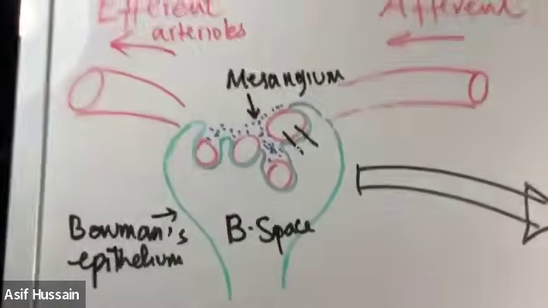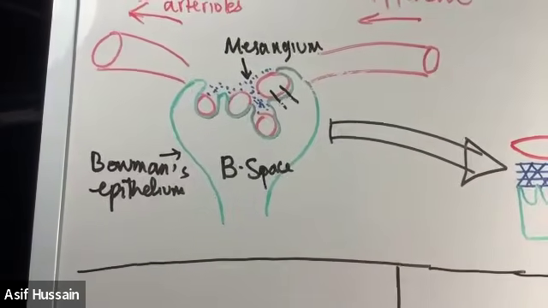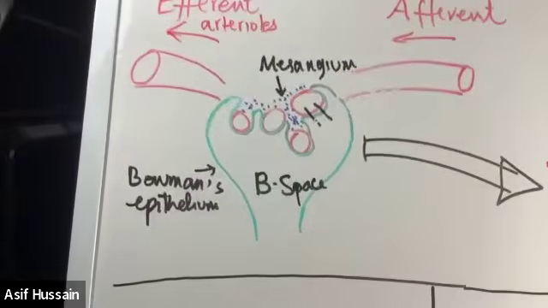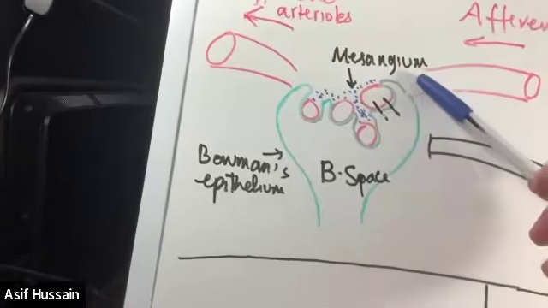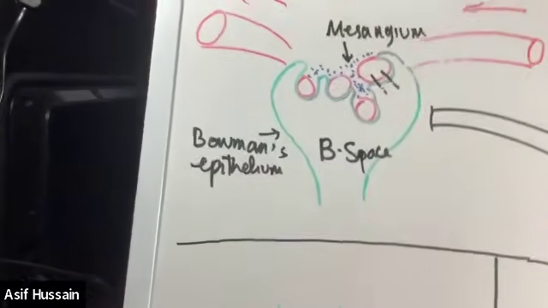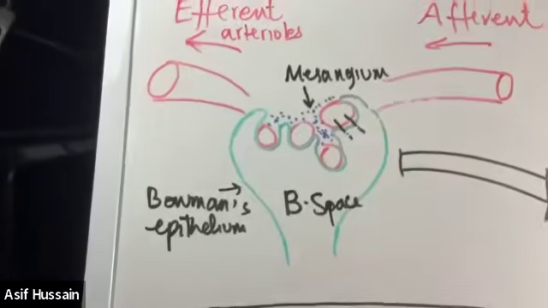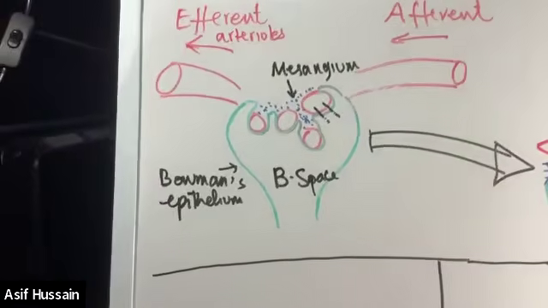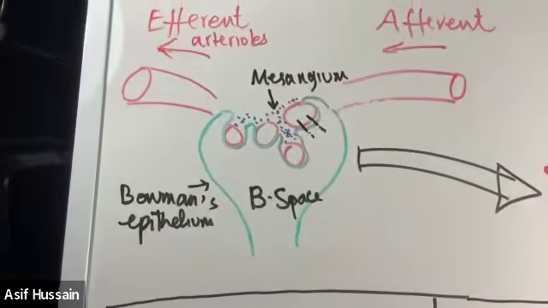If the blood pressure goes very high, such as happens in malignant hypertension or hypertensive emergencies, that very high pressure can damage the pre-capillary sphincter, and now there's no barrier between the arterioles and the capillaries, and the capillary will have to face the very high pressure and the capillaries will rupture. So one of the mechanisms of glomerular capillary rupture is malignant hypertension. The second mechanism is inflammation in the glomerulus.